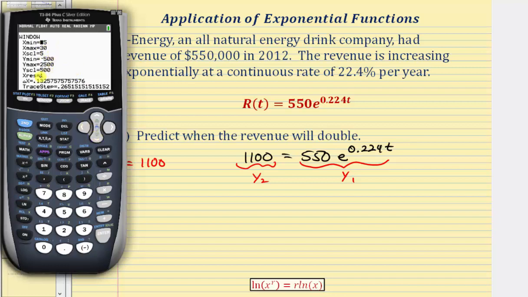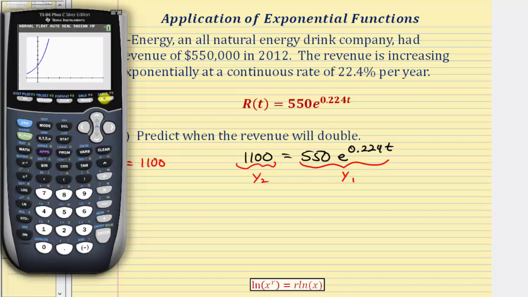Now for the y-axis, we know we have to have a y maximum that's at least 1,100. So let's go down to the y-axis, and let's change this to go from, let's say, -200 to, let's say, 1,800. And we'll have a y scale of 200s. Of course, if this doesn't work, we can always come back and change it. Now let's press graph.